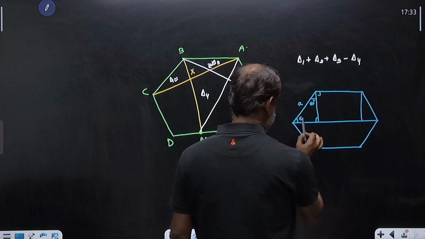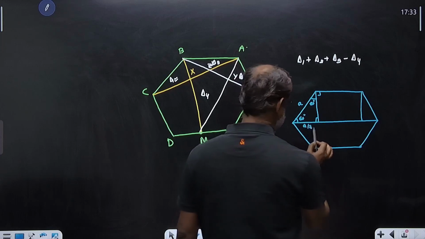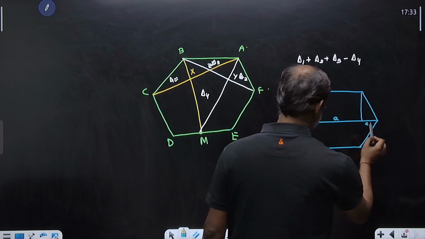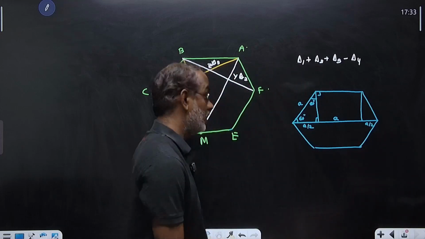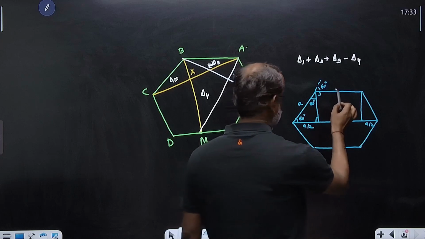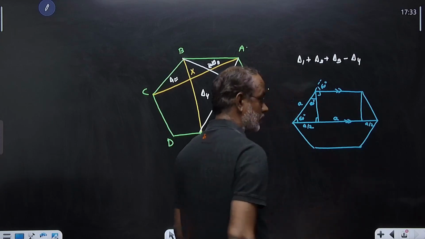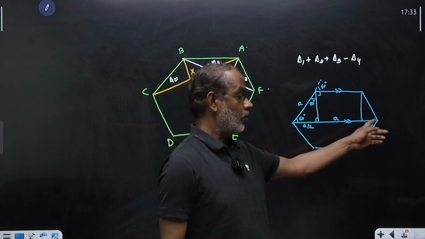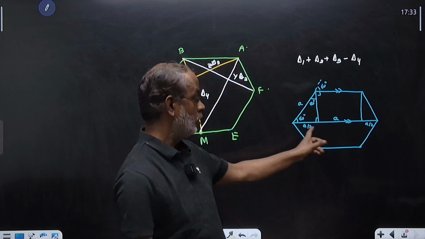This is 60 degree. So this is A by 2, this is A, this is A by 2. Further, if this is 60 degree, you can understand these two are parallel. Okay, so the longest diagonal is 2A.